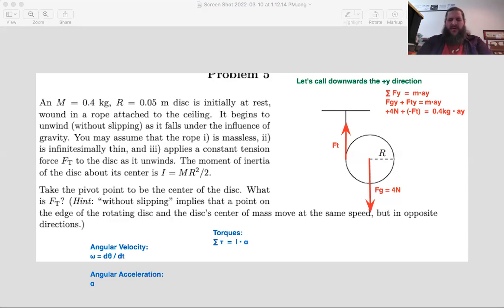So for the translational quantities, translational velocity v is the derivative of position, dr dt. So if r is like where you are relative to some origin point, which does count as a vector because we're talking about how far in a given direction you are from the origin. Velocity is the derivative of position as a vector.